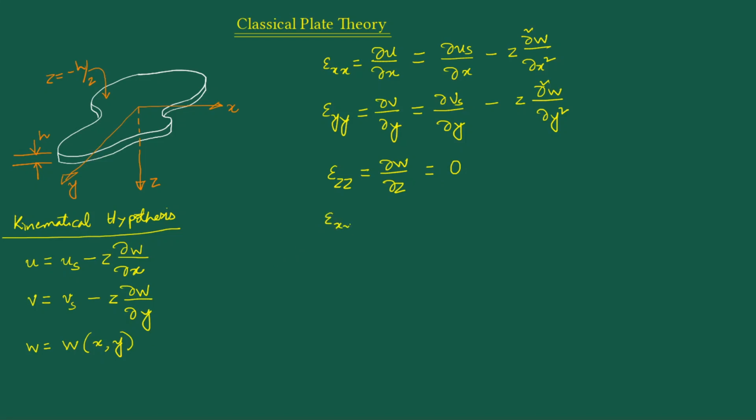Next, for epsilon xy, we have half del u del y plus del v del x, and that will give us half del us del y.